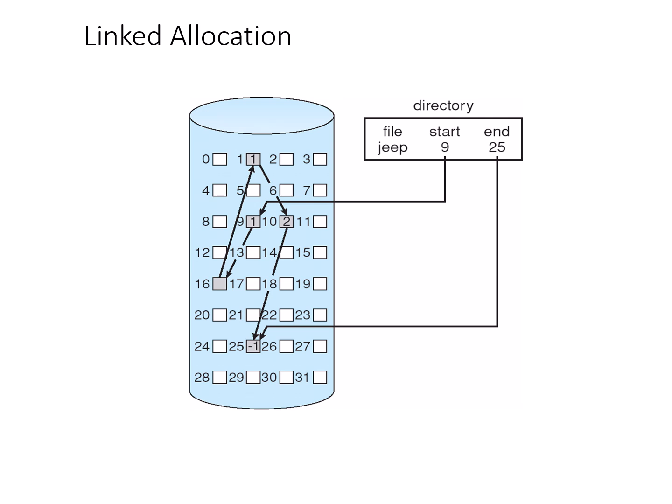The problem with this method is you have to follow the chain, because you cannot jump to the middle of the file directly. If a pointer breaks, part of the file may get lost. So, linked allocation is flexible and space saving, but it is not the best for quick access.